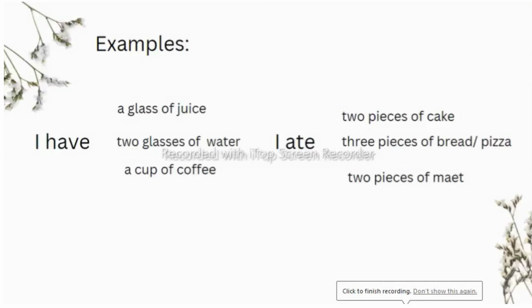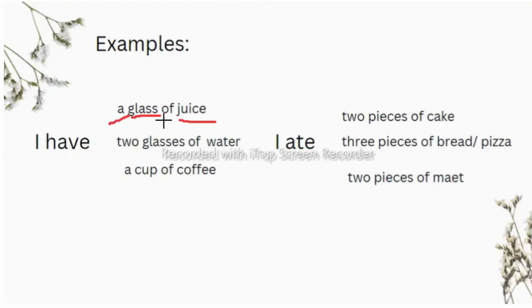The question is, how can we quantify an uncountable noun? So let's look at the example. I have a glass of juice. Juice is an uncountable noun, but we can make it countable by adding a glass, which is a countable noun. By adding a countable noun to an uncountable noun, we can quantify it.